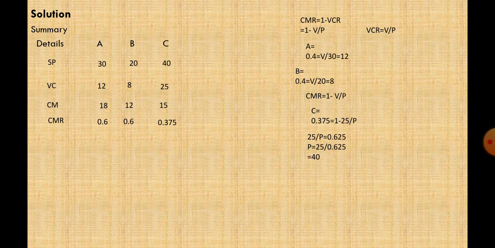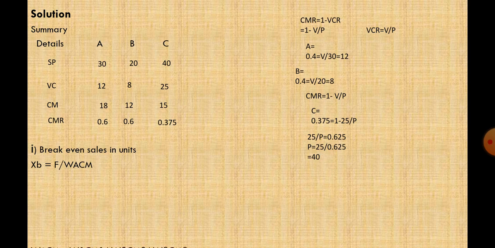So with this summary, we can tackle Roman 1, which was telling us to compute the break-even sales in units. We already know that the break-even sales in units is given by fixed cost divided by the contribution margin. However, here we have 3 products, so we have to compute the weighted average contribution margin.